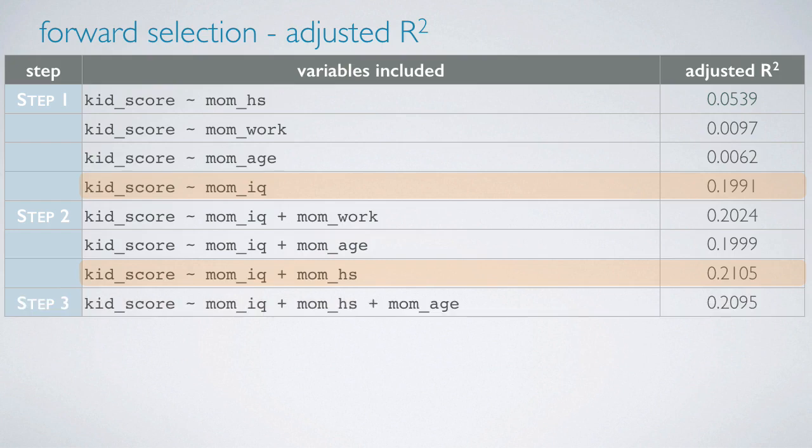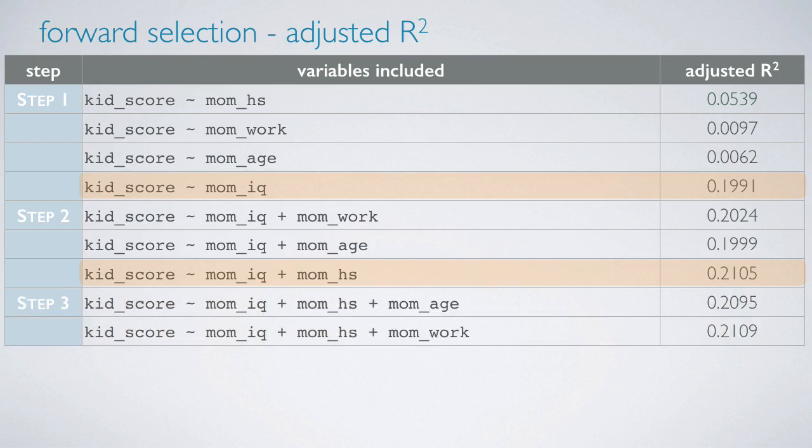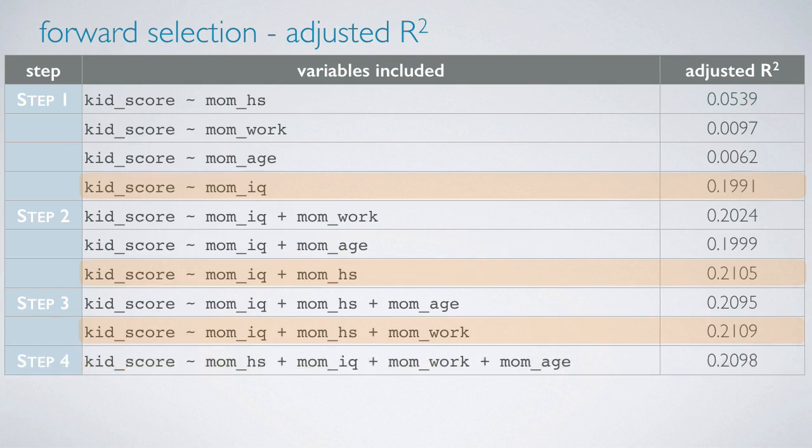And in the next step, we once again try the 2 remaining variables, and if there is an increase in the adjusted R-squared, which there is, then we move on to the one more complicated model. Lastly, we try the full model, but the adjusted R-squared does not go up, therefore we're going to stick with the model in step 3, and note that we arrived at the same model whether we went backwards or forwards using the adjusted R-squared criterion.